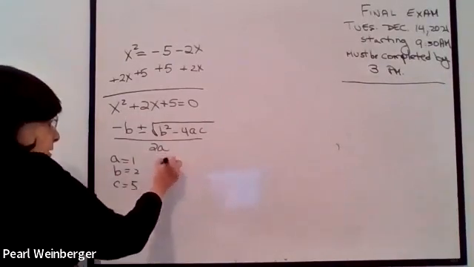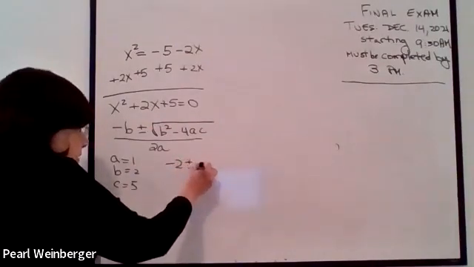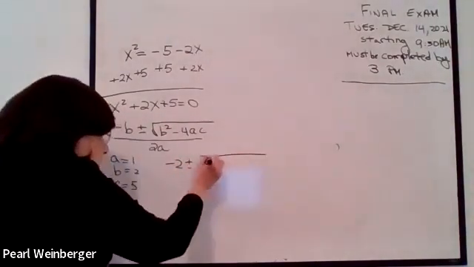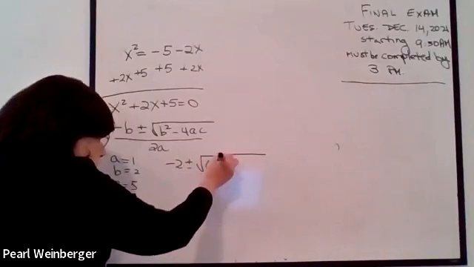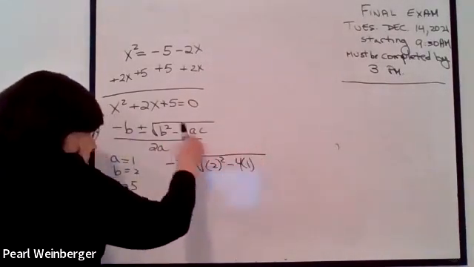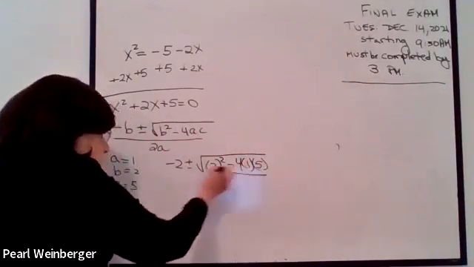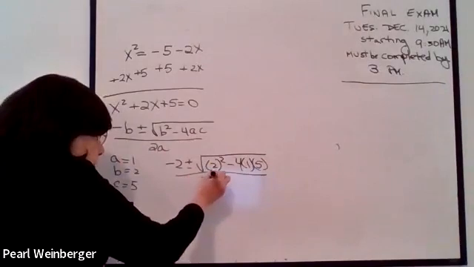So I'm going to get -2, it's -b, plus or minus the square root of 2 squared, that's the b squared, minus 4 times 1 times 5, all over 2 times 1.